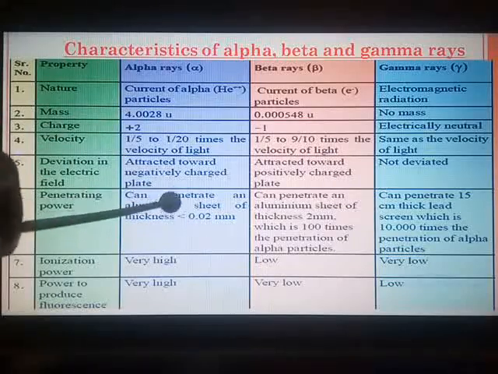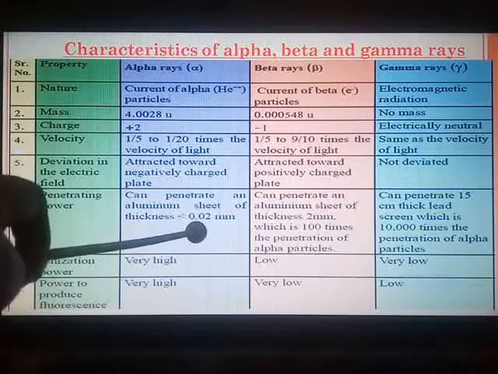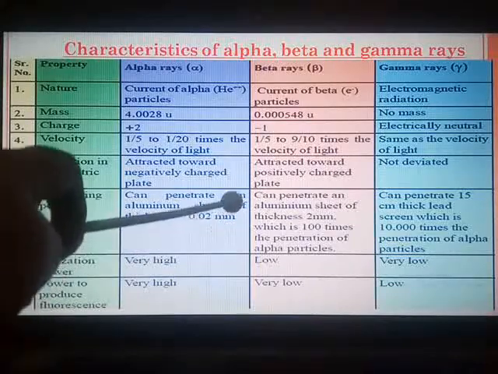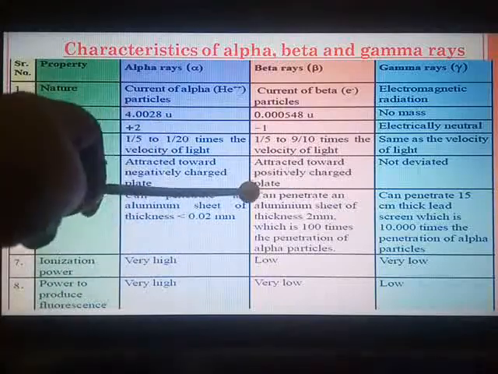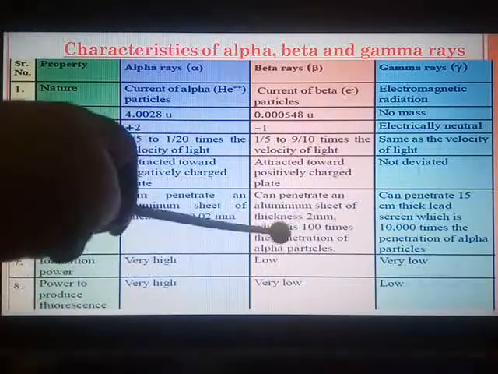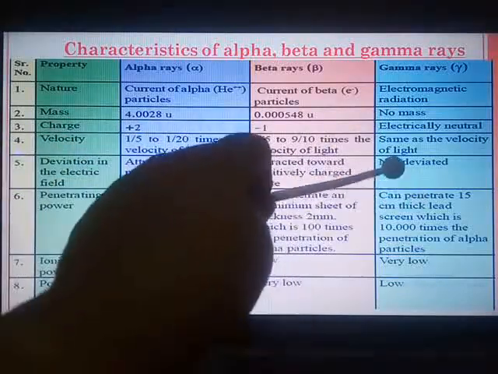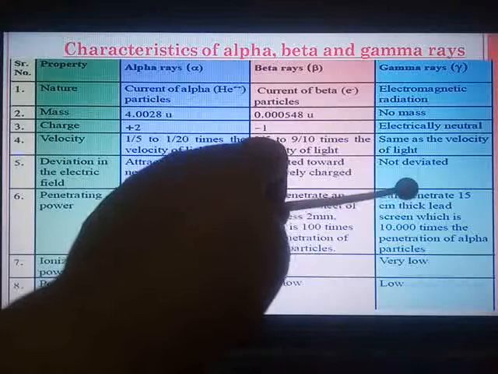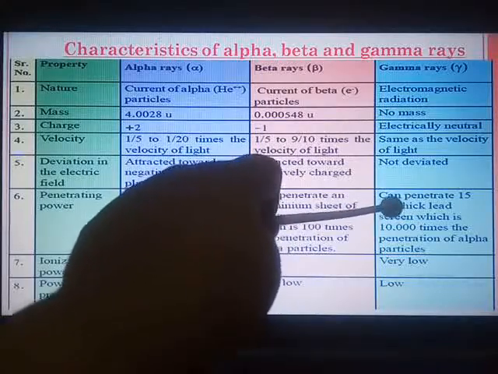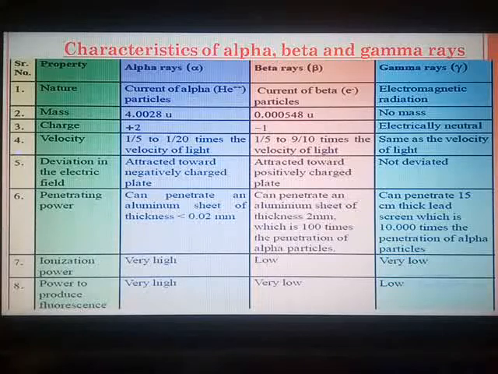Alpha rays can penetrate an aluminium sheet of thickness less than 0.02 mm. Beta rays can penetrate an aluminium sheet of thickness 2 mm, which is 100 times the penetration of alpha particles, and gamma rays can penetrate a 15 centimeter thick lead screen, which is 10,000 times the penetration of alpha particles. Means you can see that the gamma rays are the highly penetrating rays.